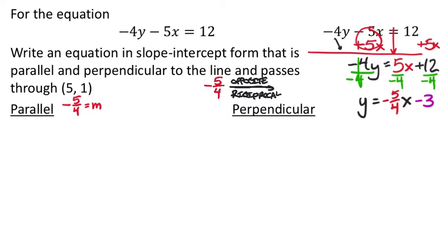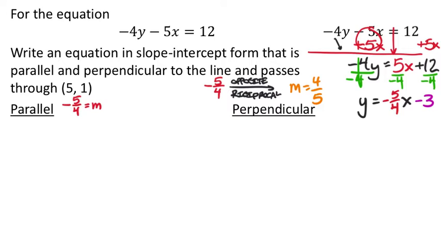Now I will opposite reciprocate it, which sounds like you guys had figured out right there. I apologize if I messed that up. But this is going to be positive, and then I flip that fraction. Now it's 4/5. So this is the actual slope we're going to be using. I'm going to use a different color just to differentiate there. This slope now is 4/5.